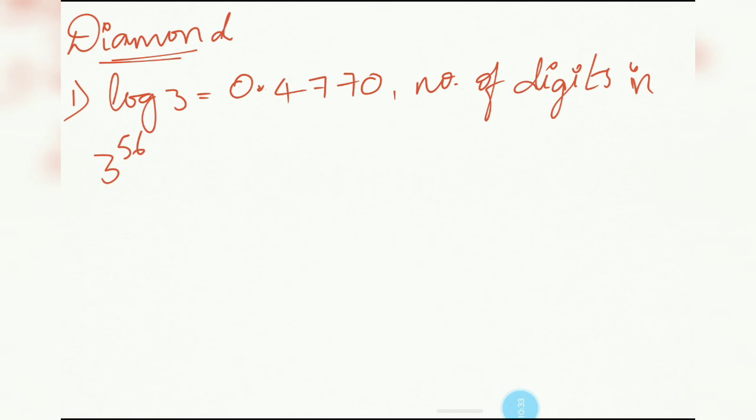If log 3 is equal to 0.4770, then the number of digits in 3 power 56 is? So how do we solve this? They are asking for log 3 power 56, the number of digits. First, 56 is the power, so it will come in front of the log.